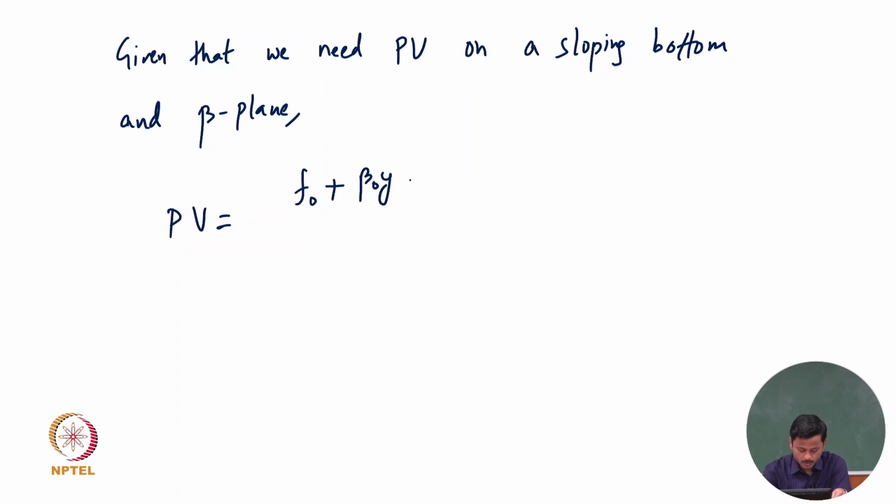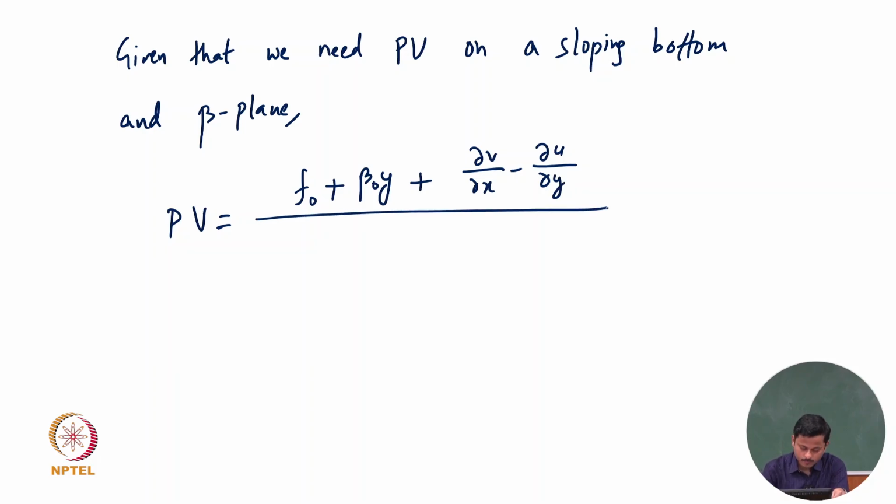This is the beta plane approximation, that is f is varying linearly with the meridional coordinate, which is y, and then del v del x minus del u del y is the relative vorticity based on the velocities which are measured in the rotating frame of reference.